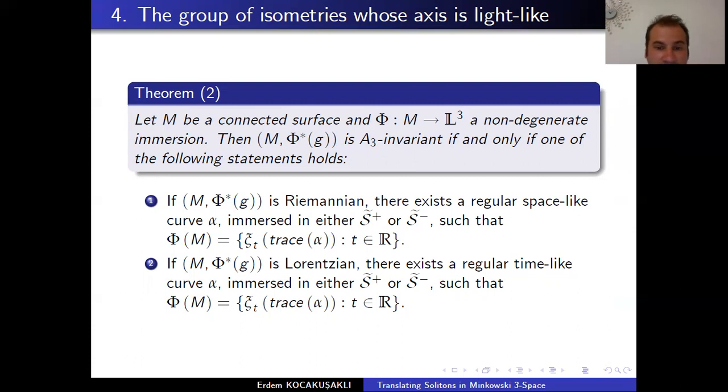In the Riemannian case, there exists a regular space-like curve alpha. By using the A3, we can construct our surface. In the Lorentzian case, there exists a regular time-like curve alpha. By using the A3, we can construct our surface.